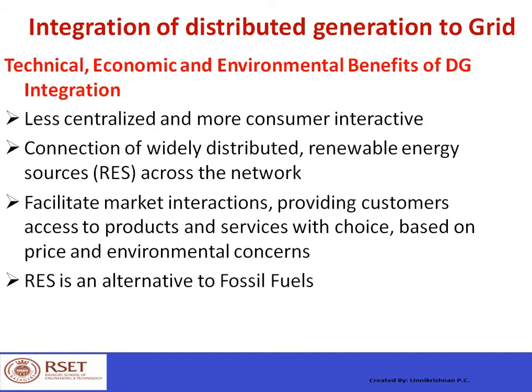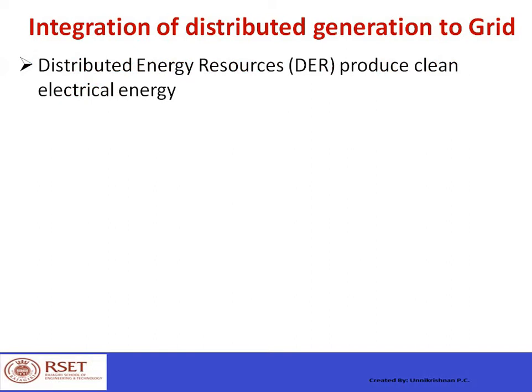Renewable energy sources are an alternative to fossil fuels. So we will be able to phase out fossil fuels and in turn reduce the carbon emissions and global warming effects. Distributed energy resources produce clean electrical energy.